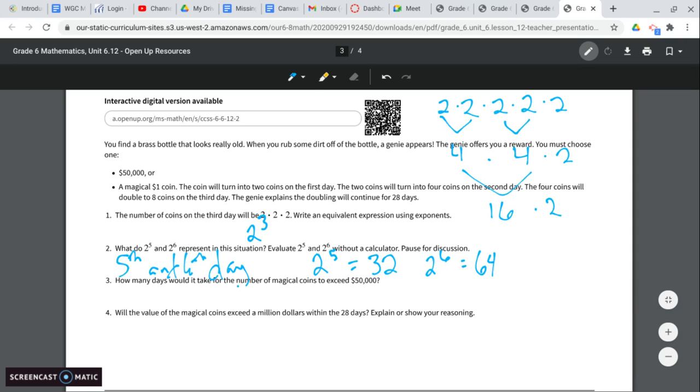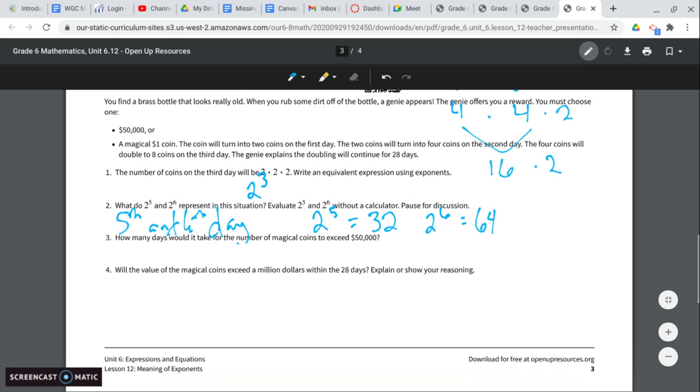So for number 3, how many days would it take the number of magical coins to exceed 50,000? So right now, in 6 days, we're at $64. But remember, this is going to keep growing faster and faster and faster because we're doubling every single time. So we're going to list out.